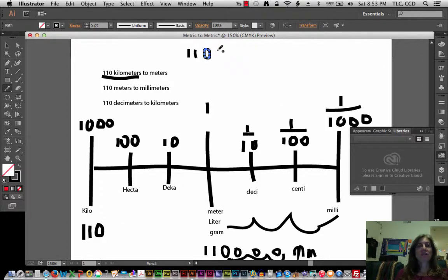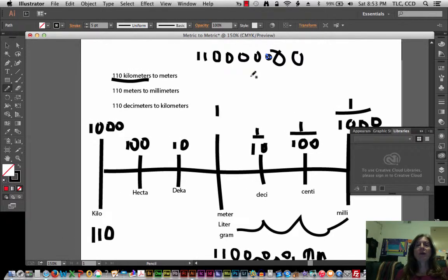So essentially 6 zeros. 1, 2, 3, 4, 5, 6. I have to put that better. So that would give us 110 million millimeters in 110 kilometers.